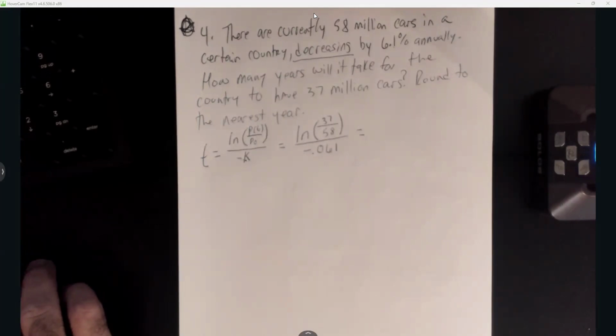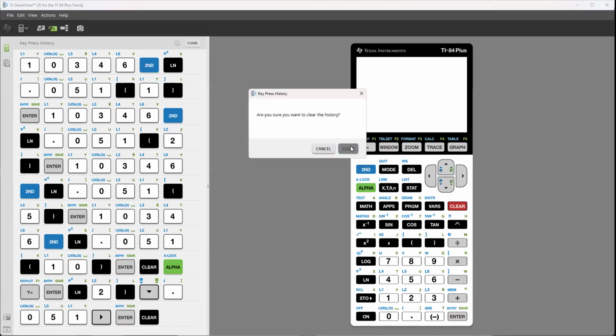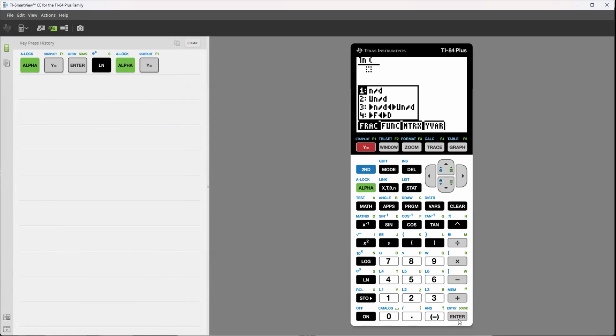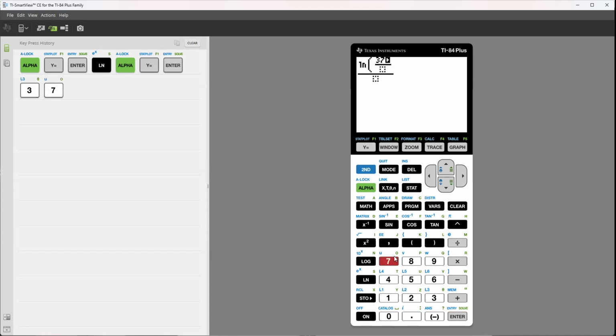I'm going to clear everything off. So first I want a fraction, alpha y equals, enter. On the top, I got the ln, and I got another fraction, so I'm going to hit alpha y equals, enter. On that one, I had 37 on top. On the bottom, I had 58.